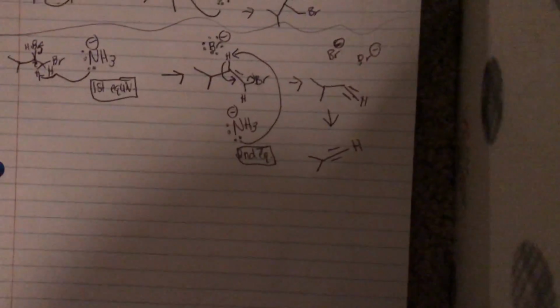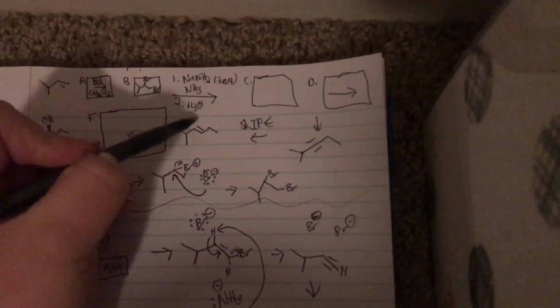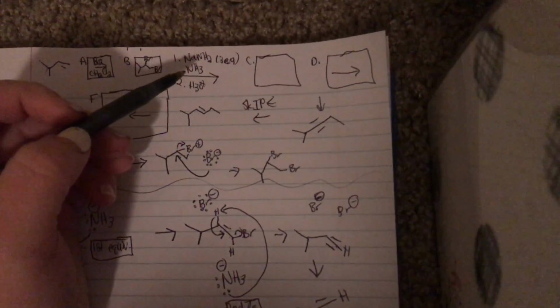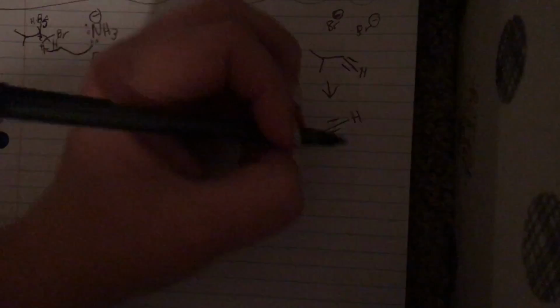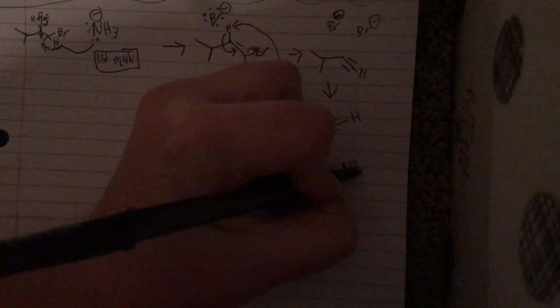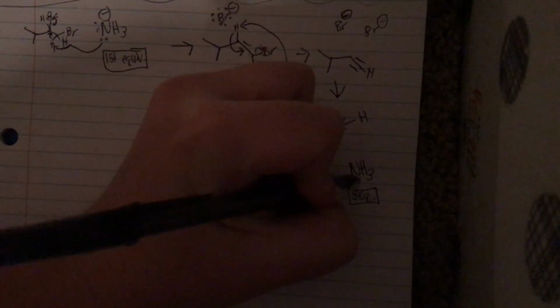And then from there, you probably saw we still have 1 equivalent of sodium amide left and hydronium. I'm pretty sure that's what it's called. If not, just pretend I didn't say that. So essentially, we're going to use our third equivalent of sodium amide to deprotonate and reprotonate.